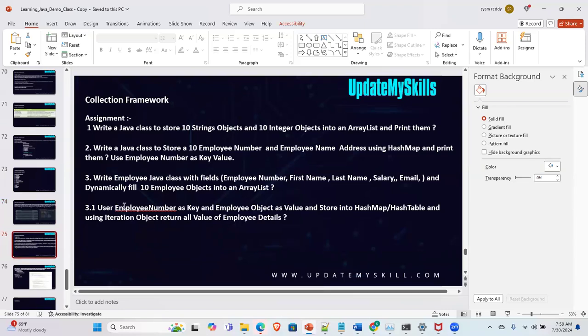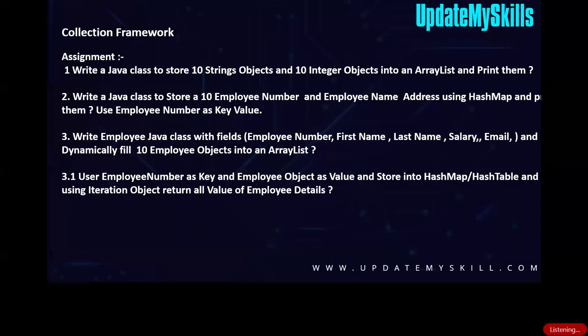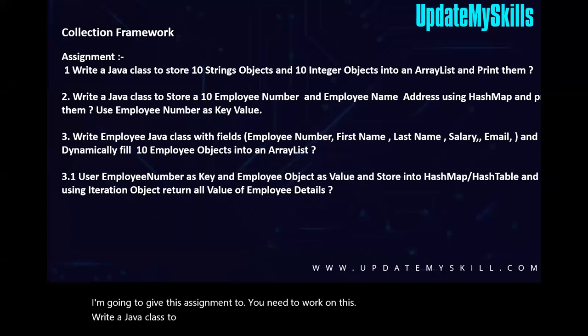I will go through these assignments. I want you to develop them, so let's understand them. I'm going to give this assignment to you and you need to work on this. Write a Java class to store 10 string objects and 10 integer objects into an ArrayList and print them.